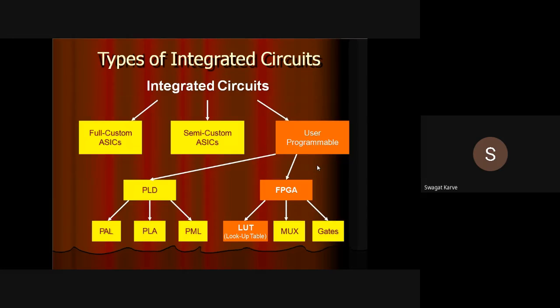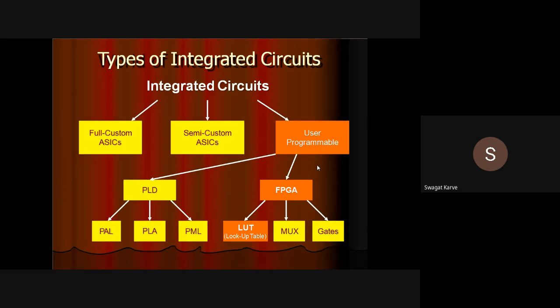Okay, now we have discussed the types of integrated circuits. What are the different types that we have discussed? Basically the integrated circuit is categorized into full custom ASICs, semi custom ASICs, and user programmable devices. In user programmable devices, you have two categories, PLD and FPGA.